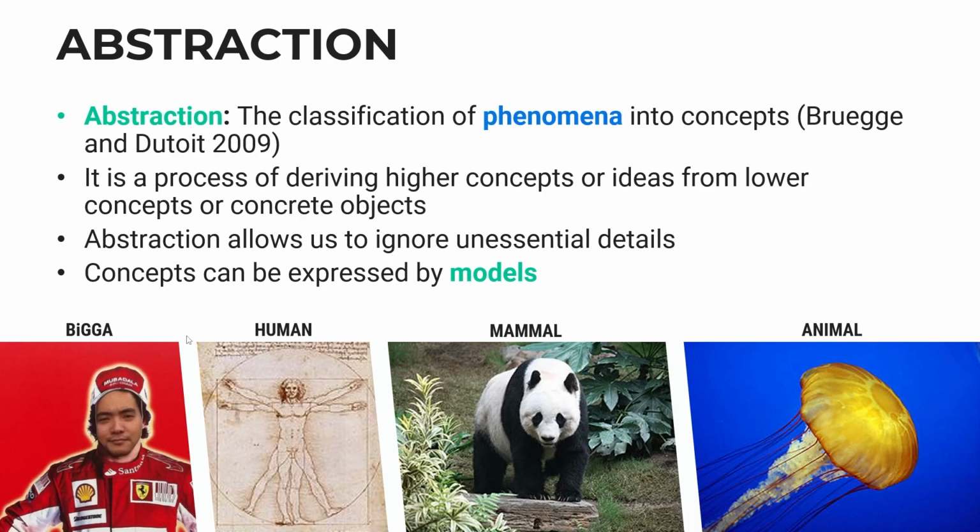And when you want to go from a concrete object like me to a higher concept like human, to a higher concept like mammal, to a higher concept like animal, and maybe life in general, you need to abstract away, you need to remove some detail. This is the process of abstraction.